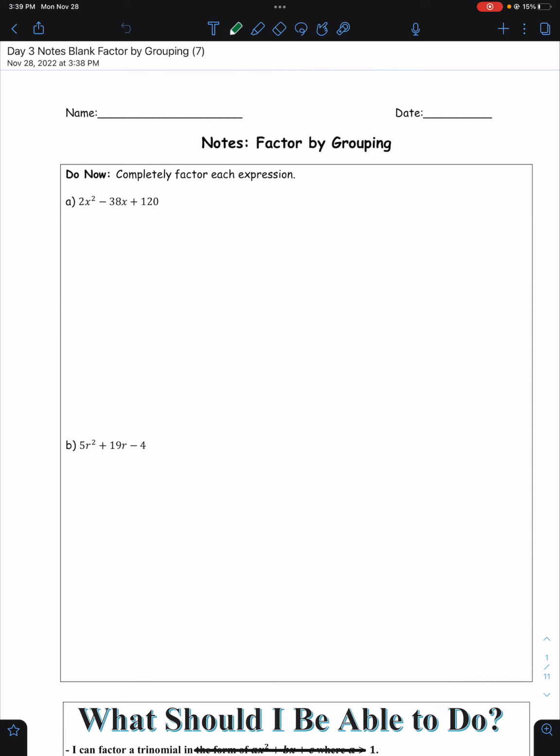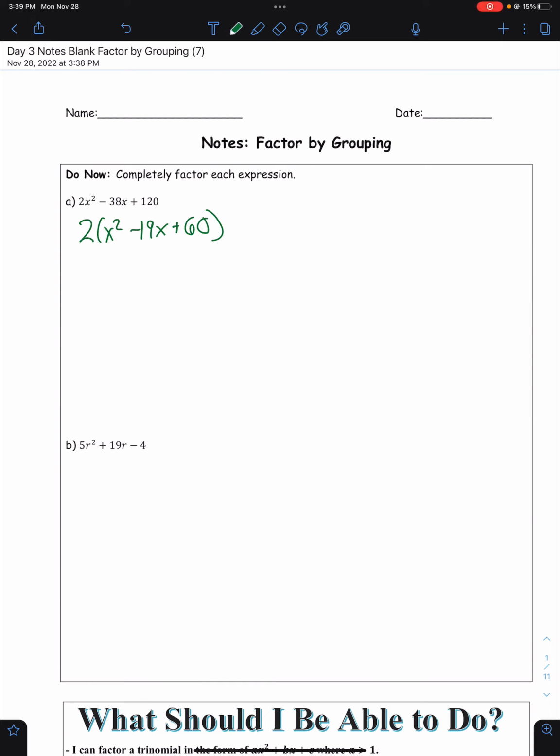For A, the first thing you always got to at least check for is take out the GCF. So I look at A, do I have a GCF? Not with the x's, but the numbers have a GCF of 2. So I can factor out a 2, and what's left then is x squared minus 19x plus 60.